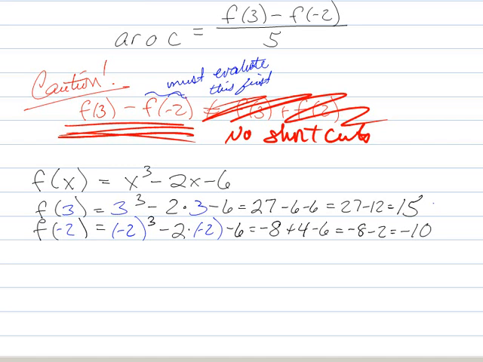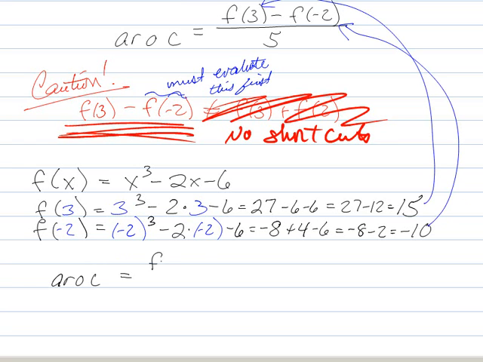Now I'm going to take these values and plug them back in up here. Okay, so I've got my average rate of change again is f of 3 minus f of negative 2 over 5. So I can just plug those in directly. So I've got f of 3 is 15, f of negative 2 is negative 10 over 3 plus 2.